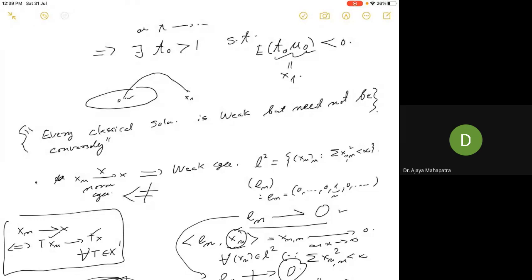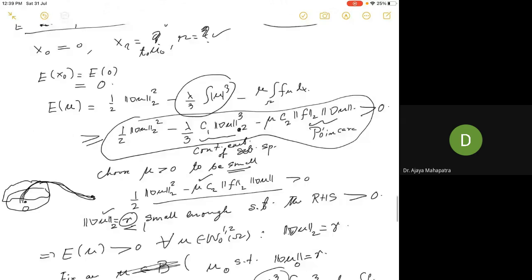Then we see whether it is at least Holder continuous, then whether it is C1, then whether it is C1 alpha. But usually C2 is very difficult. Among the problems we have solved, we haven't come across a weak solution which can reach the regularity of C2, except when we have the Laplacian in the picture.